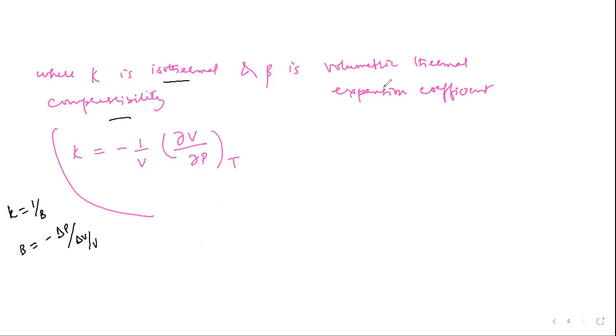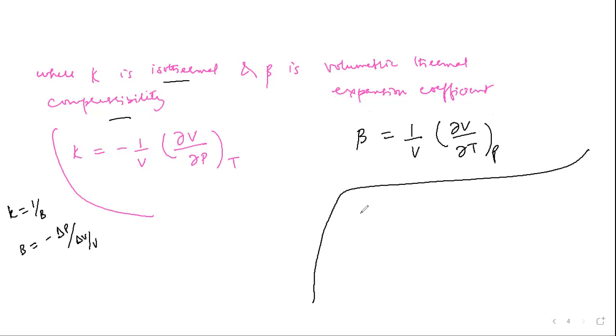Now, what is volumetric thermal expansion coefficient? It is by definition 1 over V dou V by dou T at constant P. This you know from your previous classes, but I refresh it. It comes from thermal expansion.